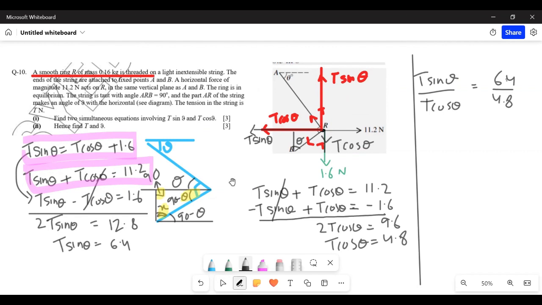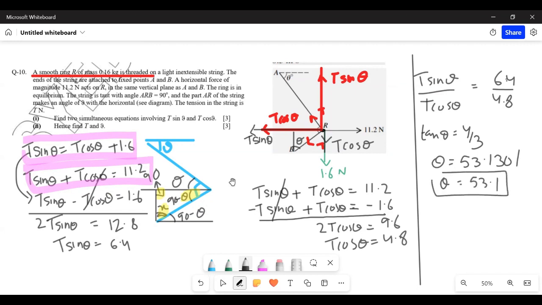So T and T get cancelled. We have tan theta equals 6.4 over 4.8. It's 4 over 3. Tan inverse 4 by 3 is 53.13. So theta comes out to be 53.13. Okay, rounded off to 53.1.